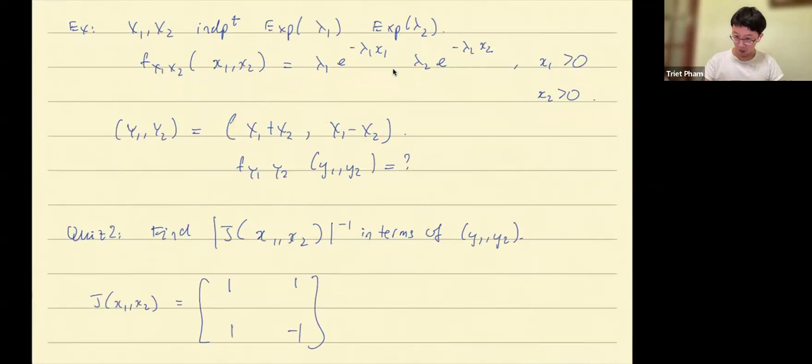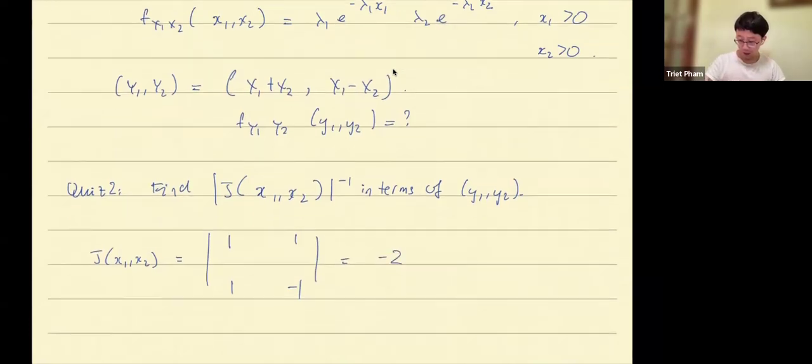I'm so used to the Jacobian as a matrix, but the notation here means the determinant, so it's minus 2. But after you take the absolute value and then take the inverse, it's going to be a half, right?